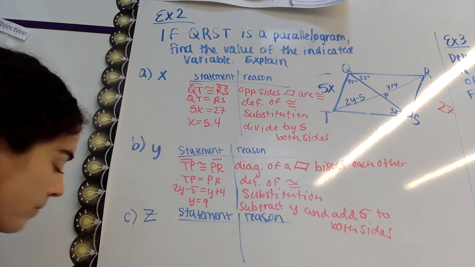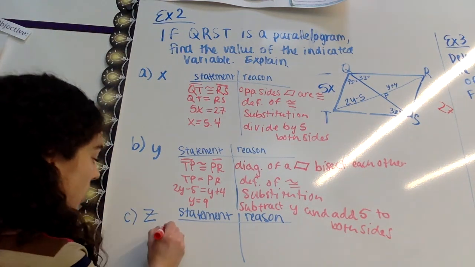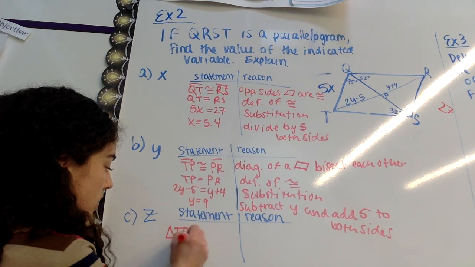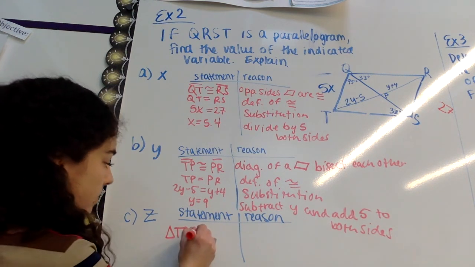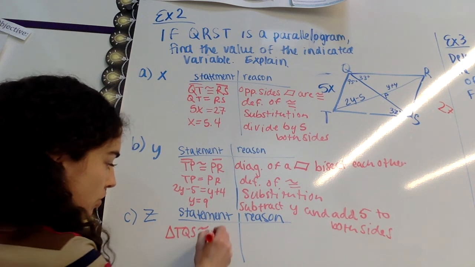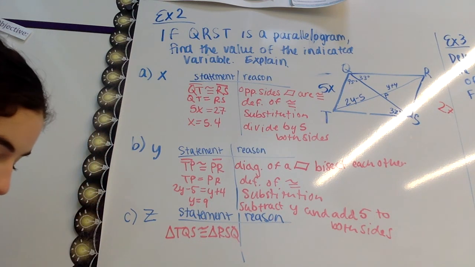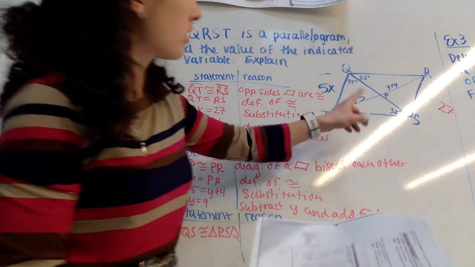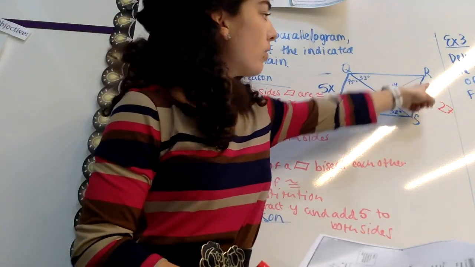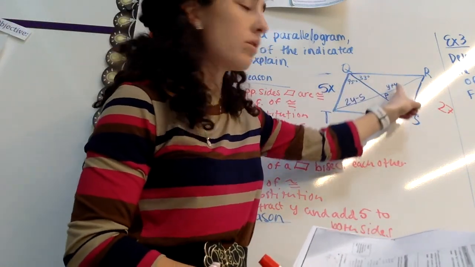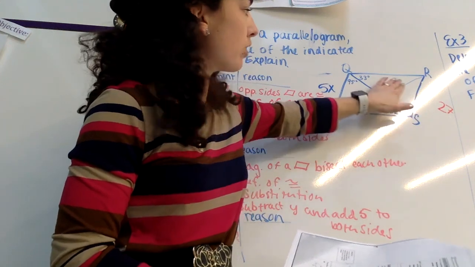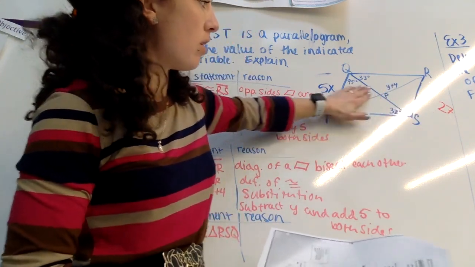So we know that you need to go figure this out. Look at this triangle on your own. TQS is congruent to RSQ. Okay, that is this triangle TQS and RSQ. So this triangle over here, this big triangle, and this big triangle on this side.